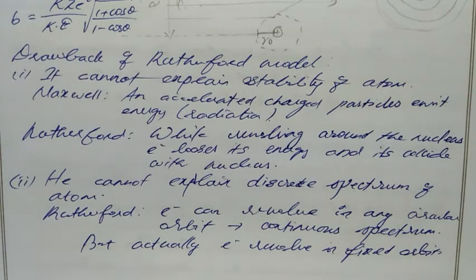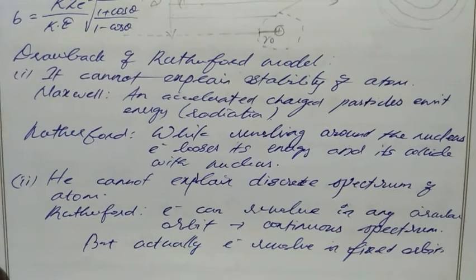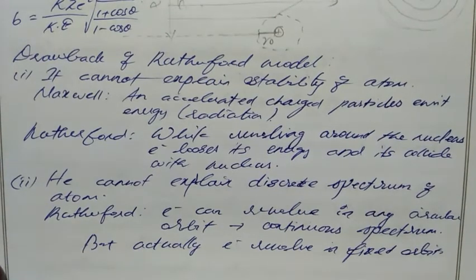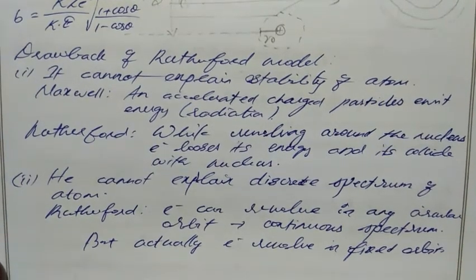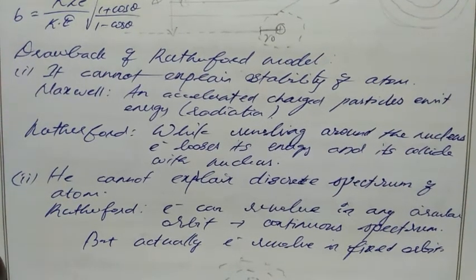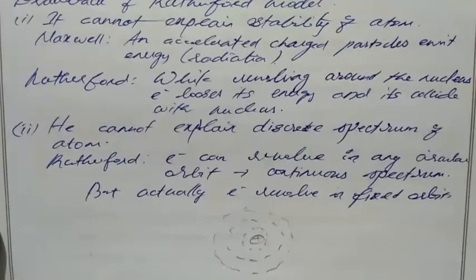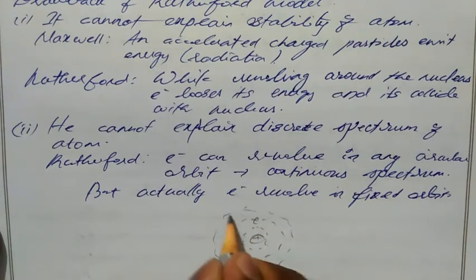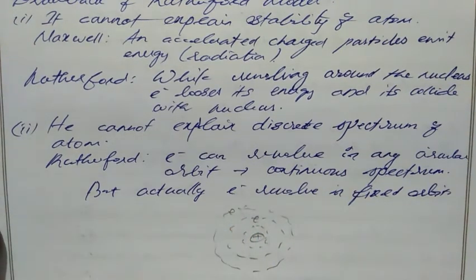What he said was that the electron revolves in any circular orbit, but actually the electron can revolve only in fixed orbits, not in all the orbits.